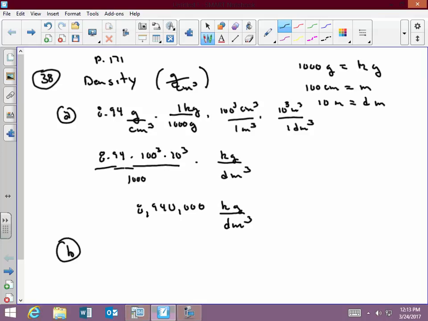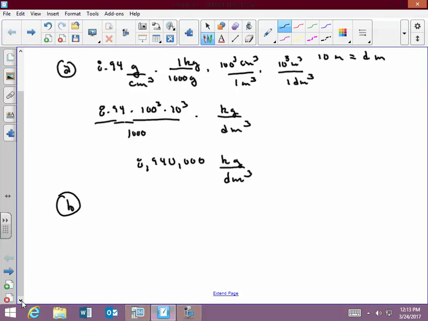The chunk of oak firewood has a mass of about 2.85 kilograms and has a volume of 41,000 centimeters cubed. Determine the density of the oak in grams per centimeter cubed, rounding to the nearest thousandth. Okay.